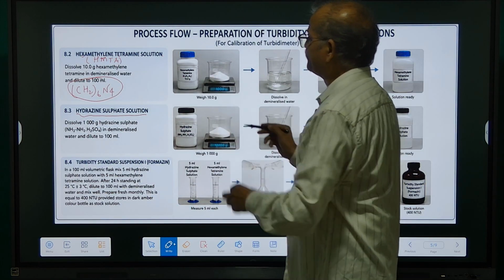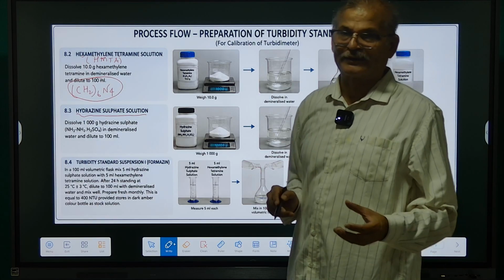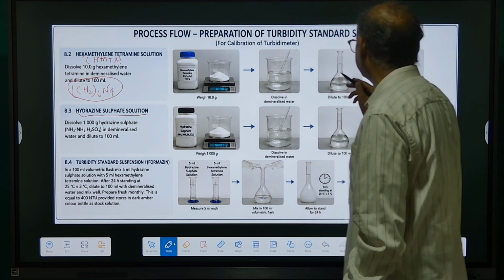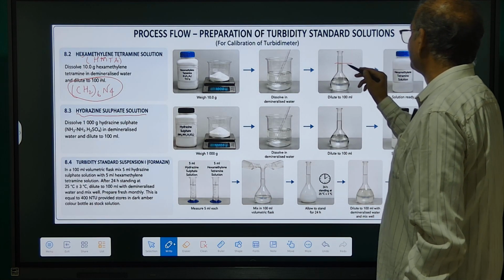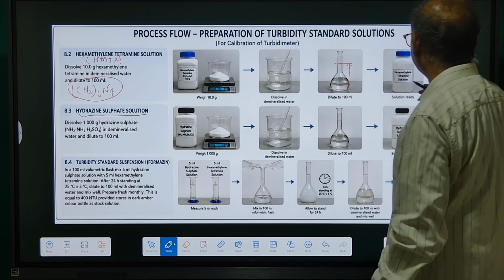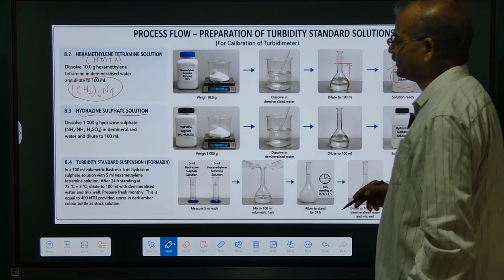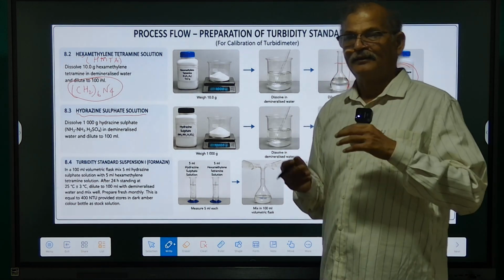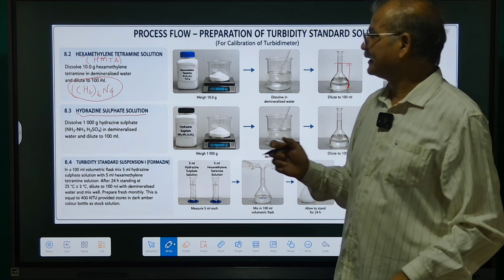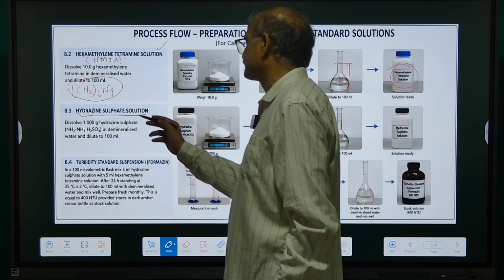We take 10 grams of HMTA, mix it in distilled water, stir it properly, then make it up to 100 ml. That solution will be ready for the test. Hexamethylene tetramine solution will be ready, meaning in 100 ml of distilled water we prepare the hexamethylene tetramine solution.